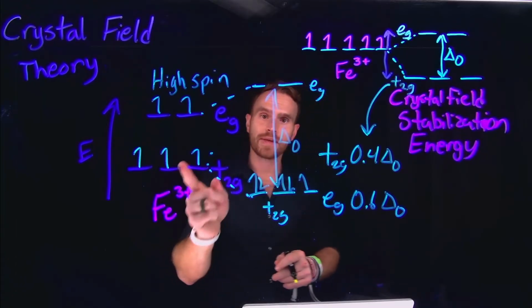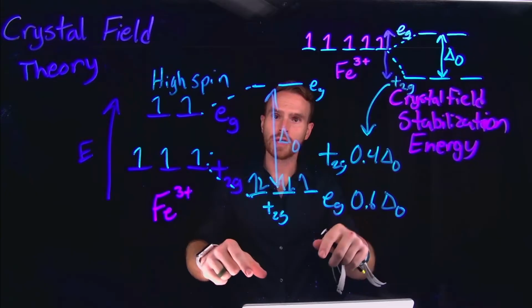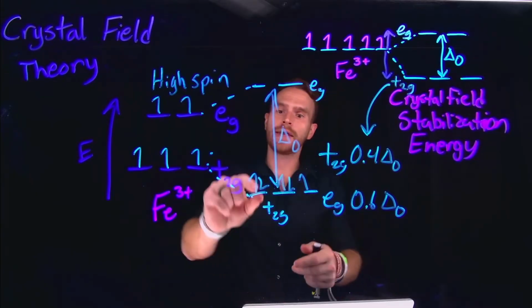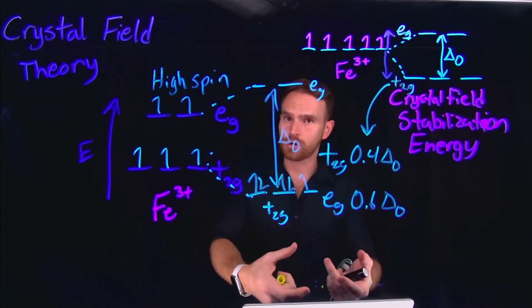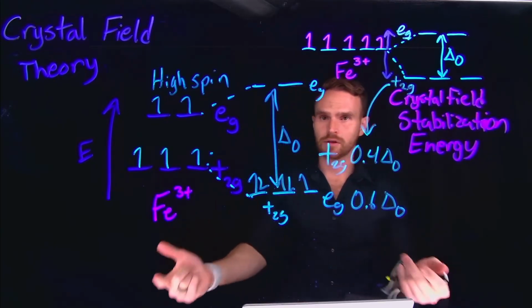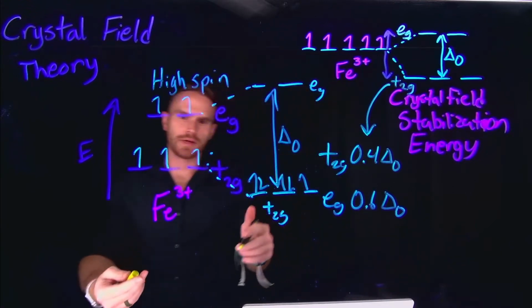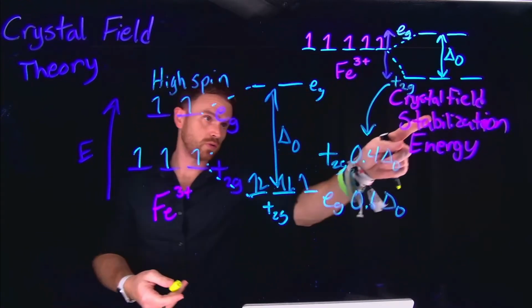However, if the energy that's experienced from lowering these t2g orbitals is significant enough, then it will be a stronger force or a stronger stabilization in energy to place them all in these lower t2g orbitals. And we can think about this as to what would happen if we were to do this calculation.